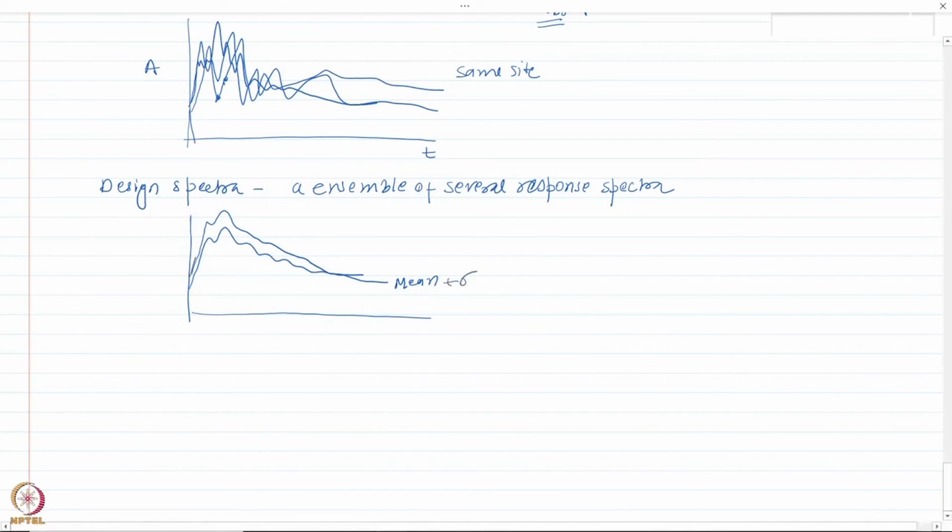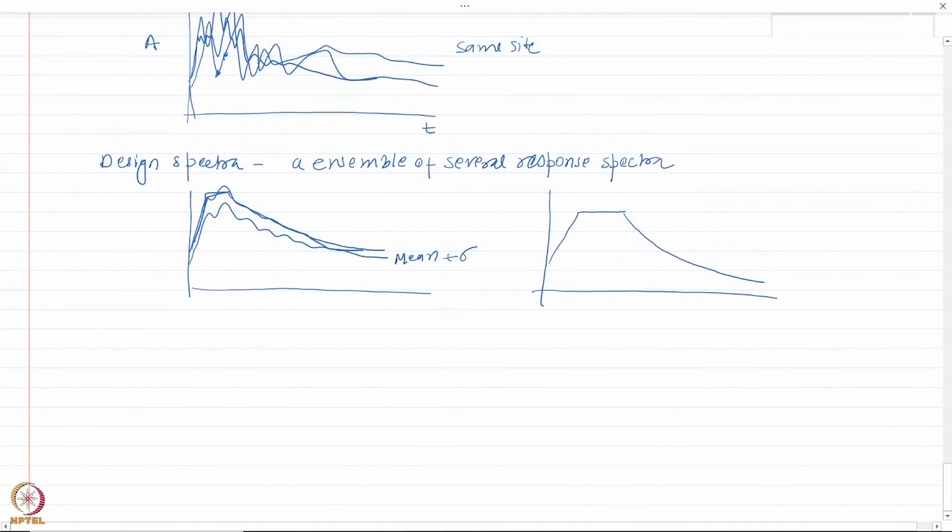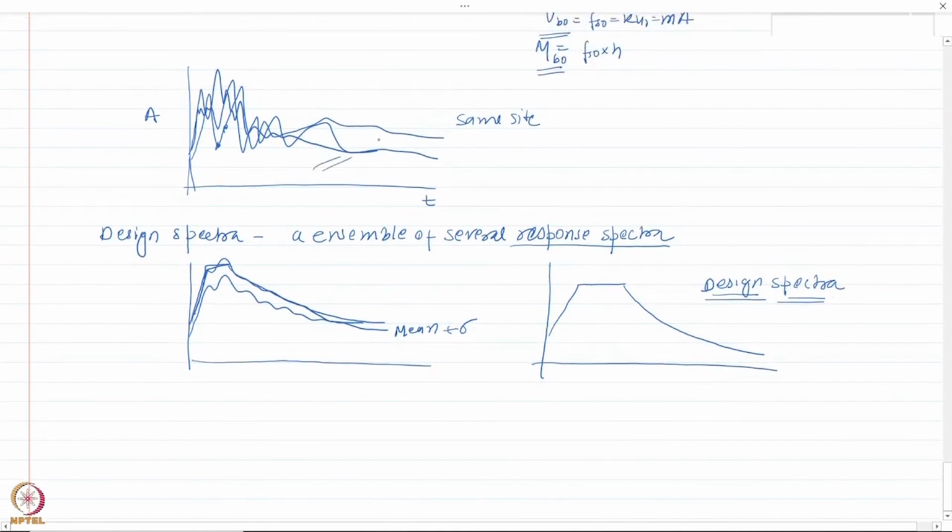Then we approximate that with a set of straight lines or curves, so that my design spectra in reality looks like a much smoother curve, which is the idealization derived from the statistical analysis of several response spectra. This is my design spectra, and this is what we use in design of structures, not a single ground motion like this.